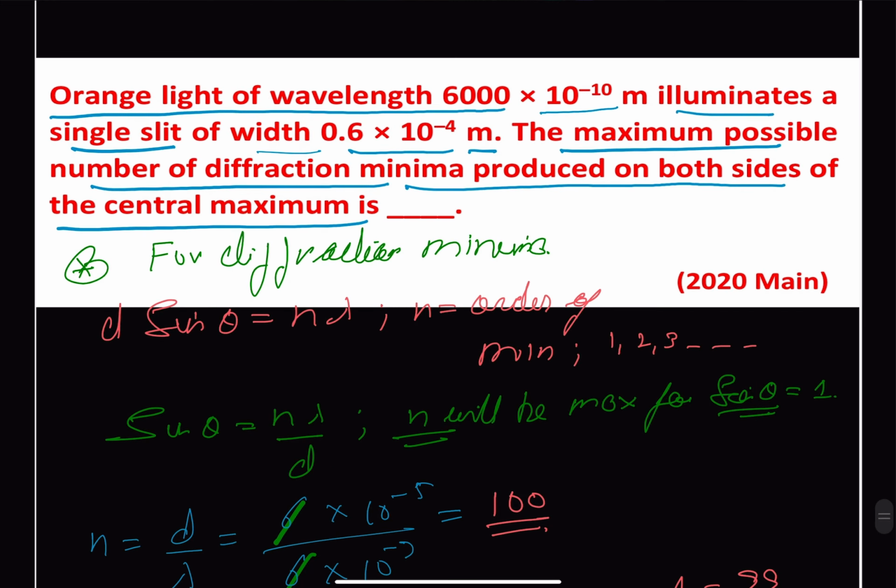So 198 will be the total number of minima on both sides of the central maxima.